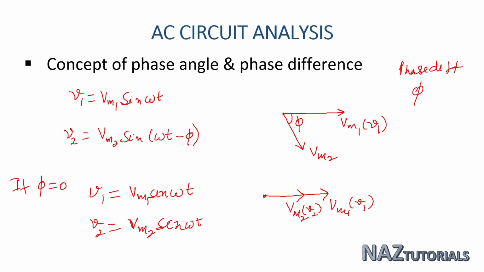Both the waveforms have 0 phase angle. This phasor representation says that both the phasors are in the same phase, and the phase difference between these two phasors is 0 degree.